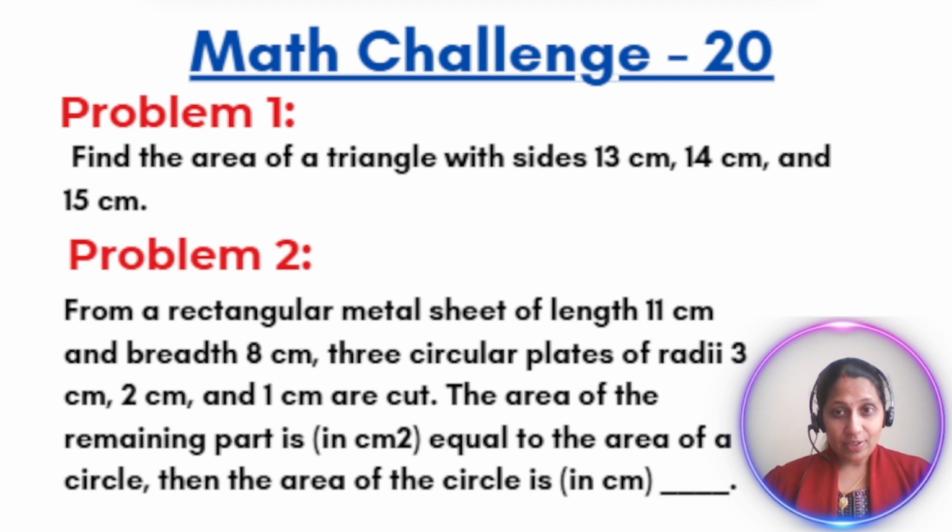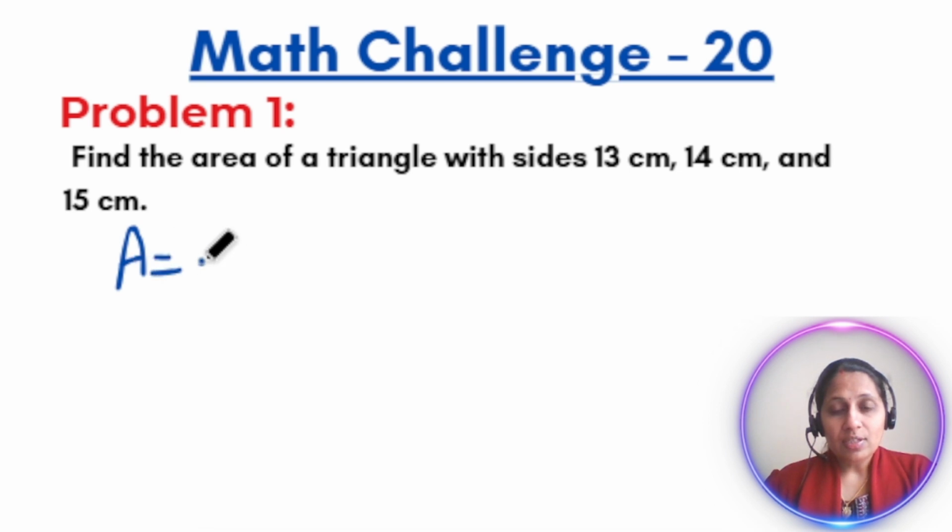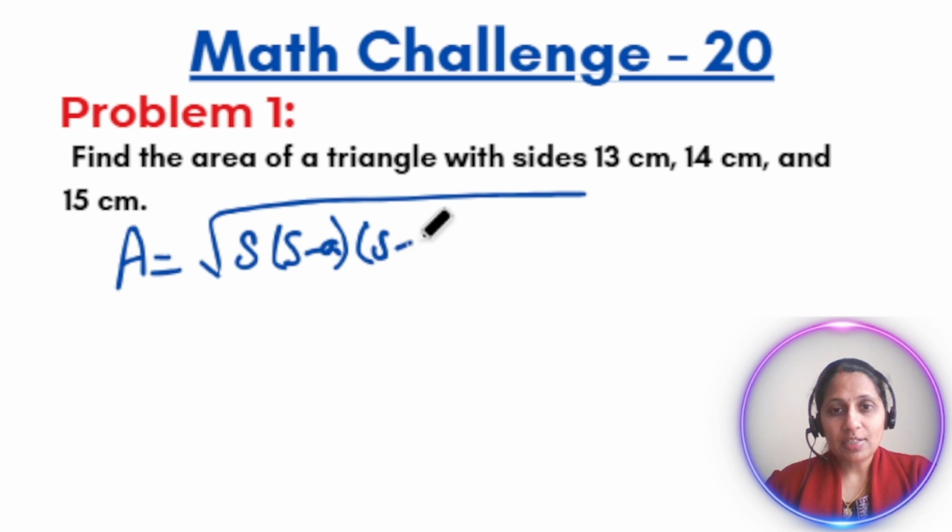So let's start our challenge number 20. First problem: find the area of a triangle with sides 13, 14 and 15 centimeter. Since the sides are given, we have to use the semi-perimeter formula. Area equals square root of s into (s minus a) into (s minus b) into (s minus c).